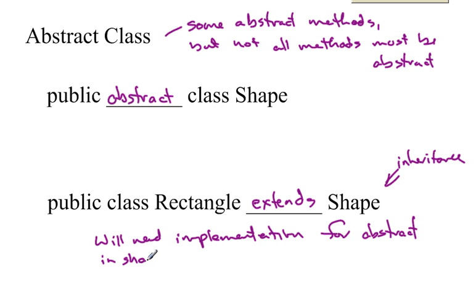So for example, you'll recall in our example of public abstract class shape, we had methods like public double getArea.